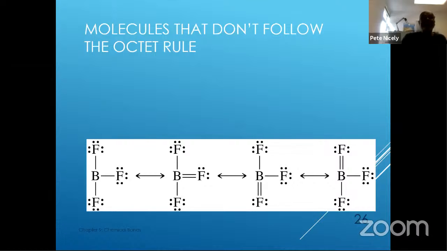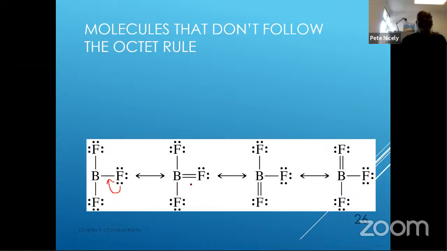Here's another situation: in the case of boron trifluoride, you'll notice that the boron does not have an octet, 2, 4, 6, right? So what would happen is that a pair of electrons from one of the fluorine atoms will be donated here to form a more stable structure.